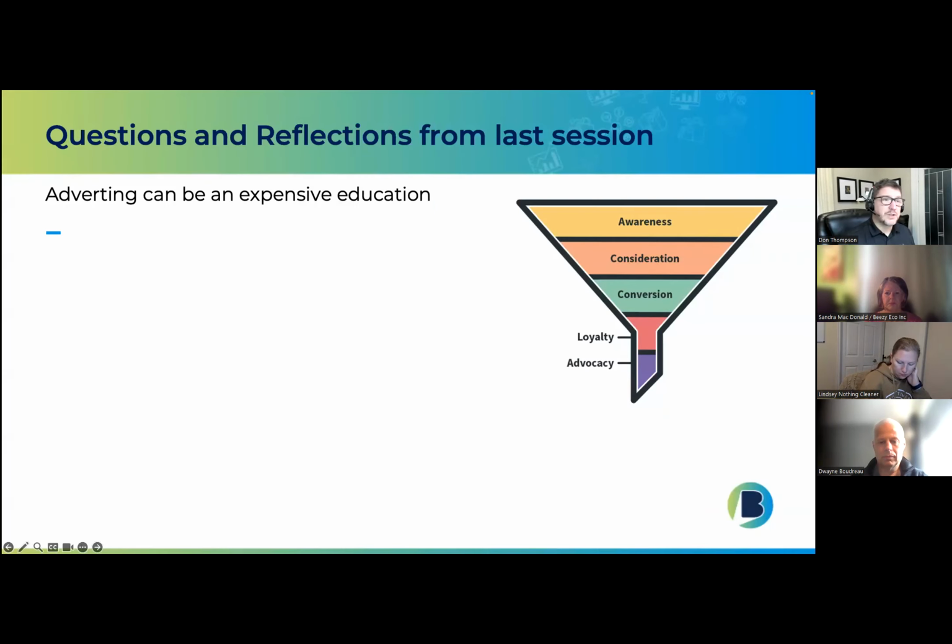Right? So there were two that I did prepare, and I thought the first one is applicable to everyone here, because Amazon is now a pay-to-play platform, which means you have to do advertising. You are not going to win if you do not advertise. So I like to say advertising can be an expensive education, okay?